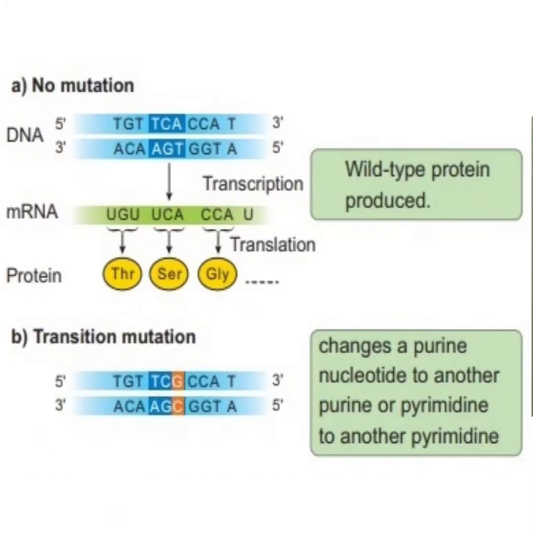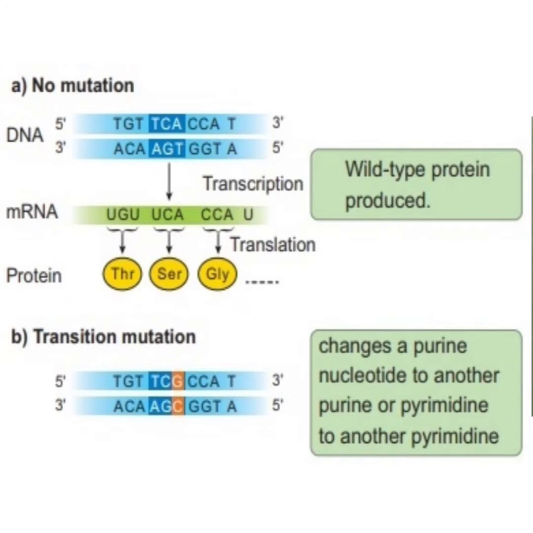Here you can see what happens in a transition mutation. Above you can see there is no mutation at all. A 5' to 3' strand showing TGT, TCA, CCA and T. A 3' to 5' strand showing ACA, AGT, GGT and A. The transcription results in the formation of the messenger RNA where UGU, UCA, CCA and U is formed.